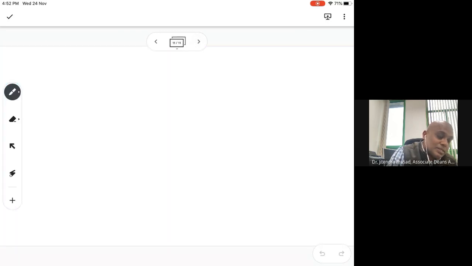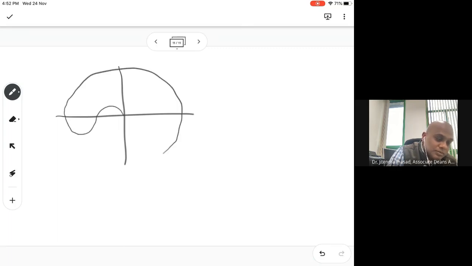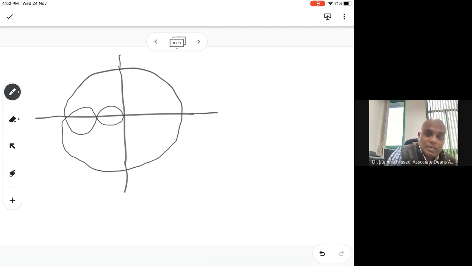The curve is like this, and -1 is here. It is the same problem.